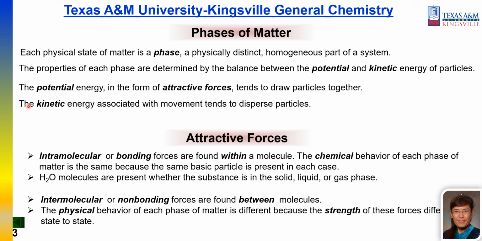On the other hand, the kinetic energy associated with the motion, the movements of your particles, tends to disperse your particles. Regarding the different forces, we can distinguish them into 2 types. One is called attraction, another one is called repulsion.